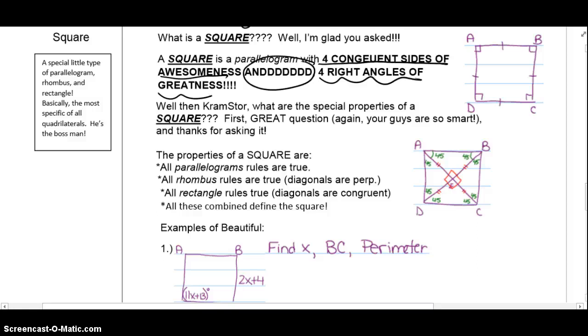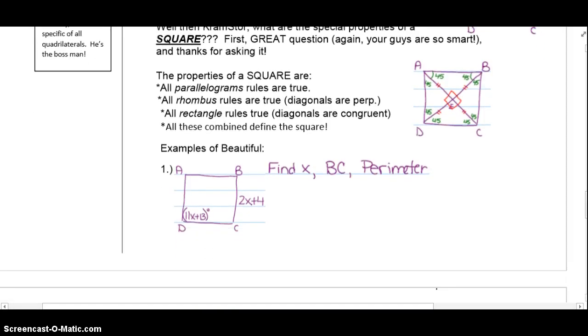With that being said, though, let's take a look at all the different properties of the square. First, like I said, all parallelogram rules are true. All rhombus rules are true, and all rectangle rules are true. With their powers combined, they form, no, they just form the square, which is definitely cooler than Captain Planet.